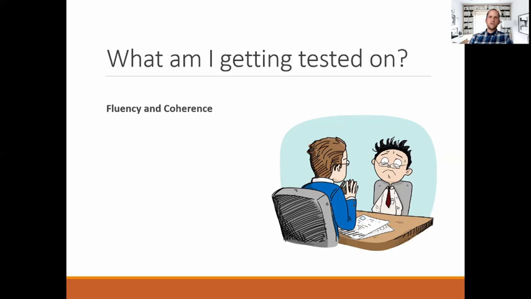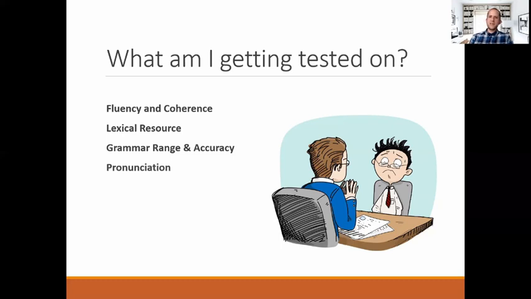So there's 4 criteria that the examiner is looking at. The first being fluency and coherence. The second being lexical resource, followed by grammatical range and accuracy, and finally pronunciation.